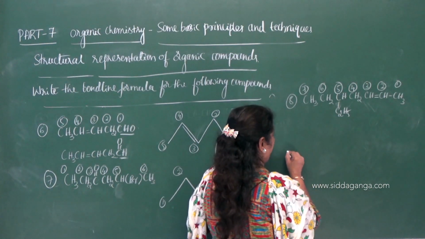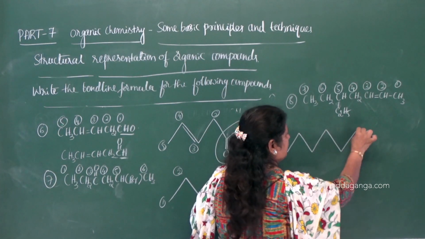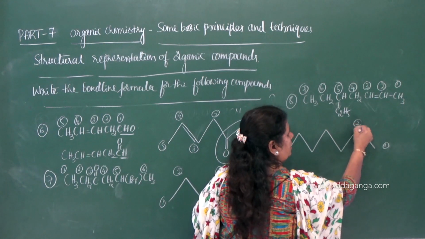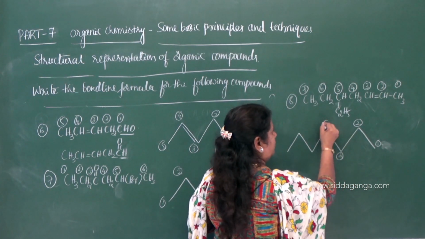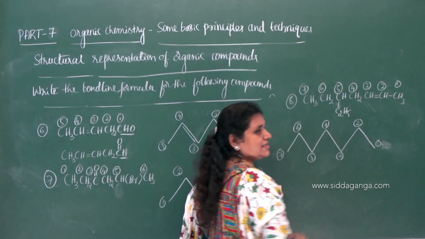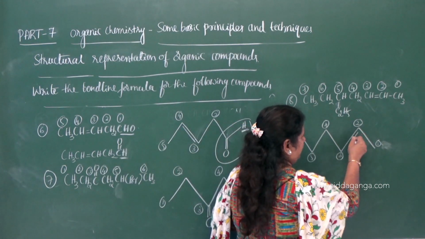Now 7 carbon, 1, 2, 3, 4, 5, 6, 7. So first carbon, second carbon, third, fourth, fifth, sixth and seventh. Now between second and third there is a double bond.